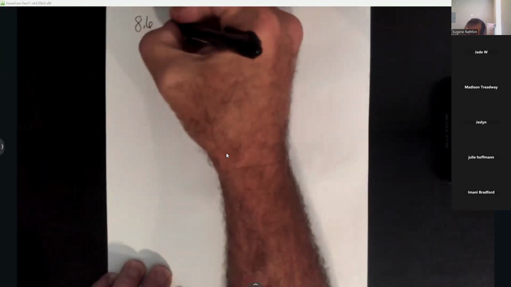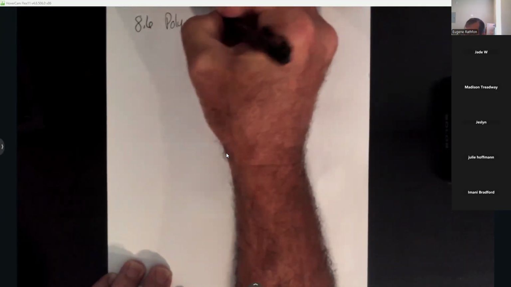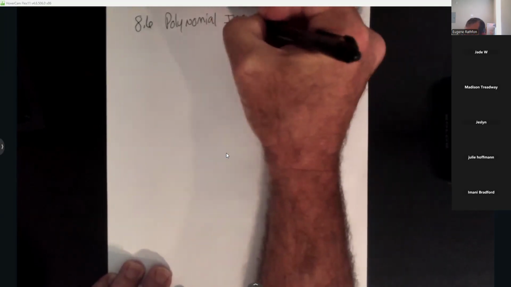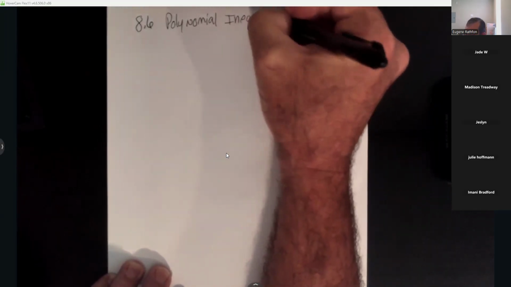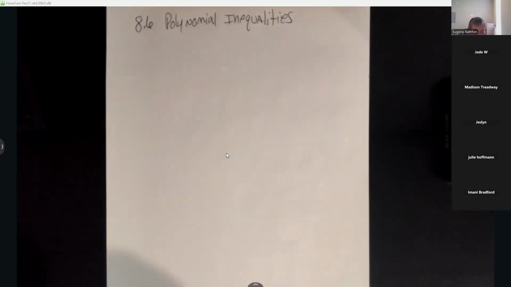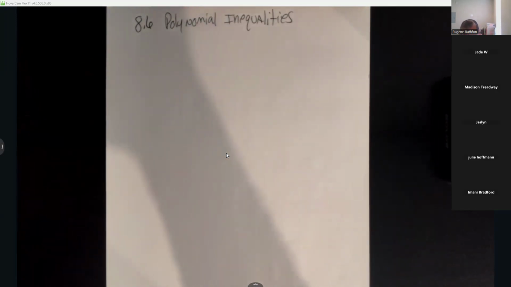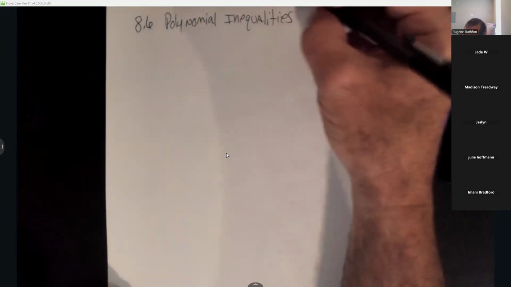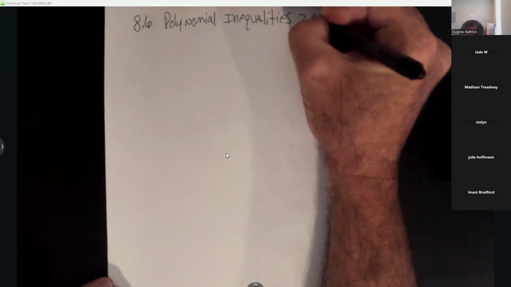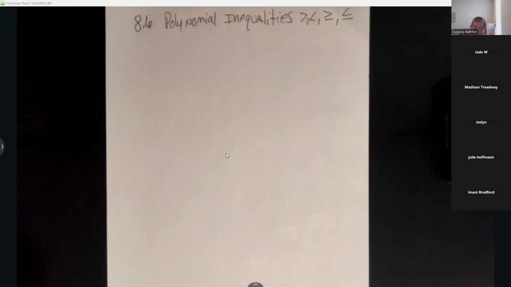All right, y'all. Polynomial inequalities. Okay, so now we're going to be putting these answers in interval notation. Now remember, inequalities are greater than, less than, greater than or equal to, less than or equal to.